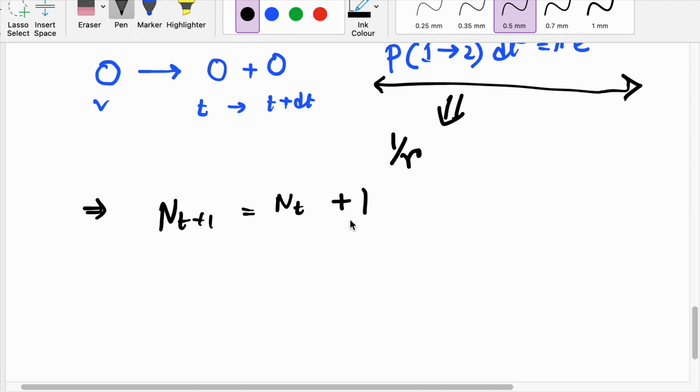So what will be the Nt dot? That will be Nt plus 1 minus Nt by the time it required.